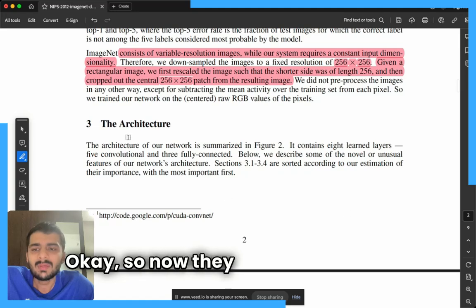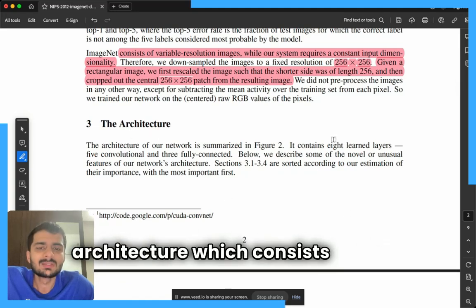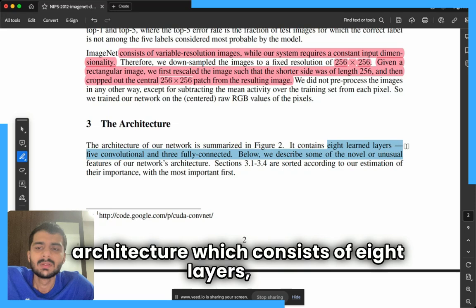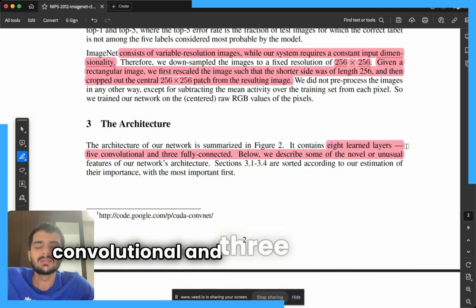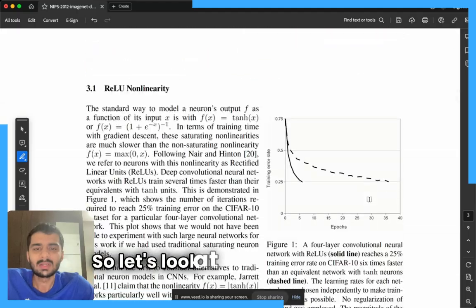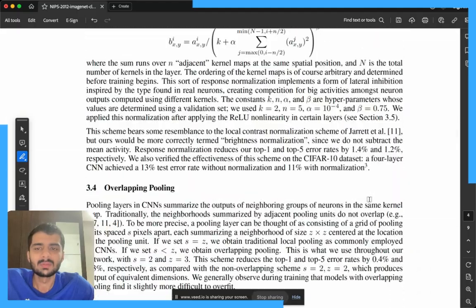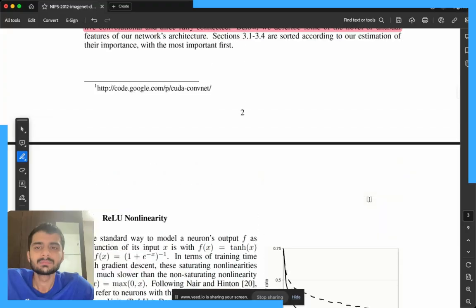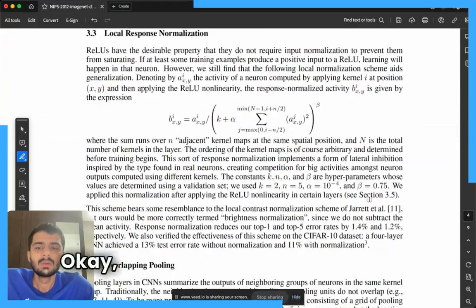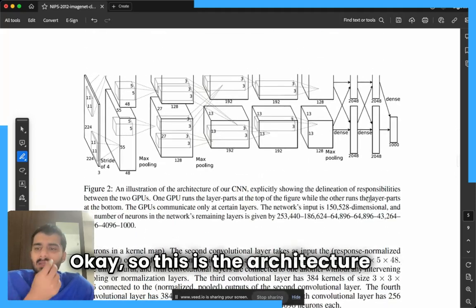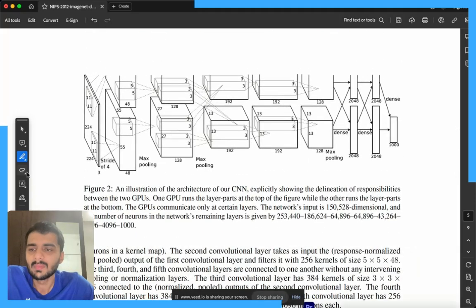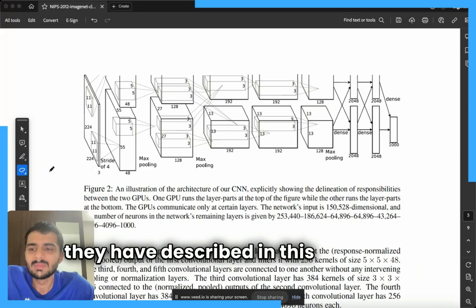So now they mention the architecture, which consists of 8 layers, 5 convolutional, and 3 fully connected layers. So let's look at the architecture. Okay, so this is the architecture that they have described in this particular paper.